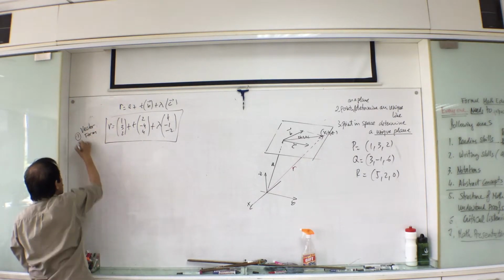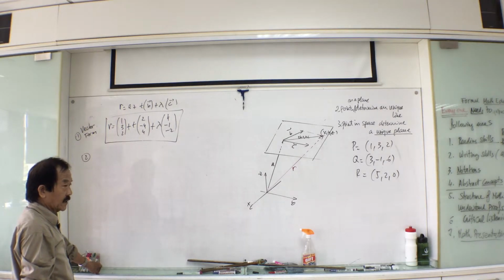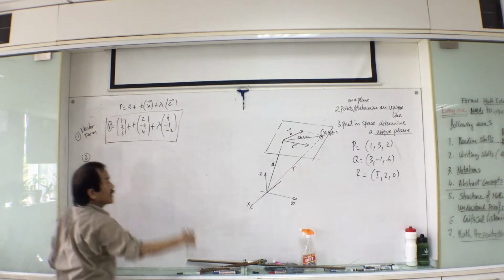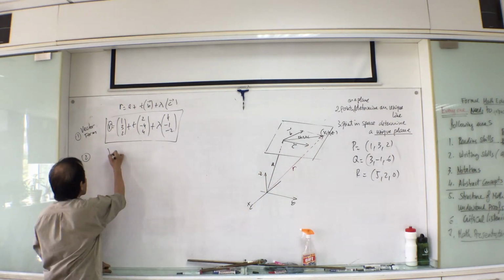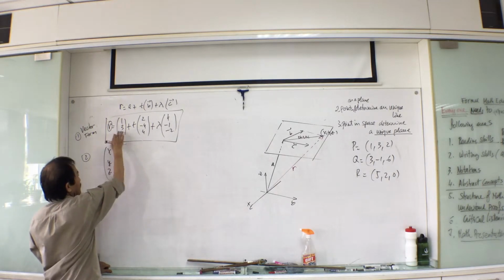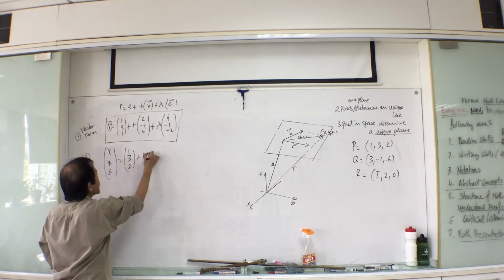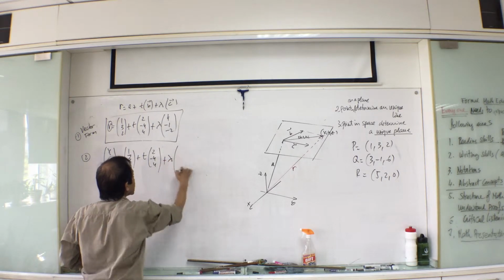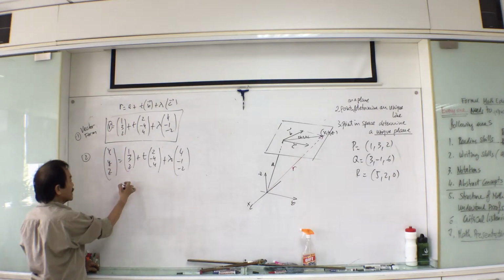Now number 2, I introduce to you what we call the parametric form, right? Since vector R here, the point here is x, y, z, we turn it into x, y, z equals 1, 3, 2, plus T times 2, -4, 4, plus lambda times 4, -1, -2. So now we break it into x, y, and z separately.